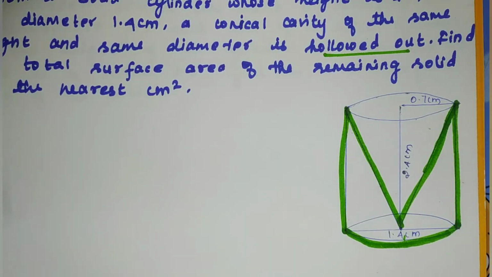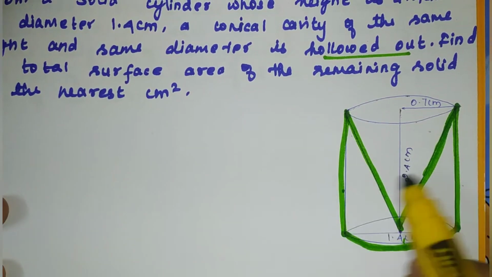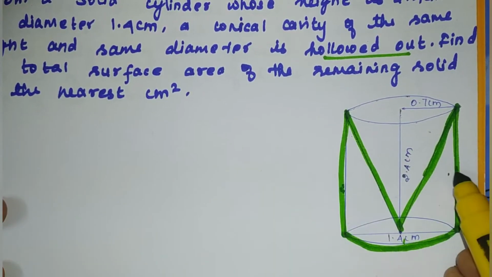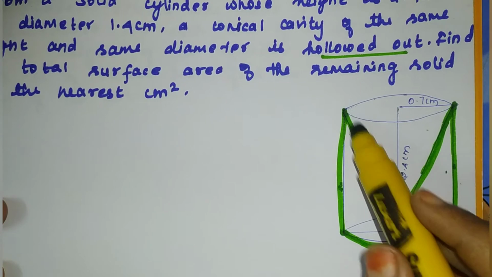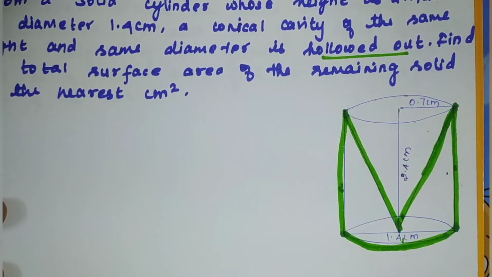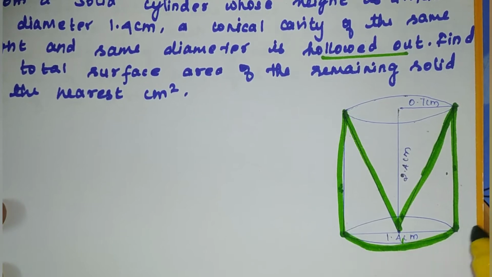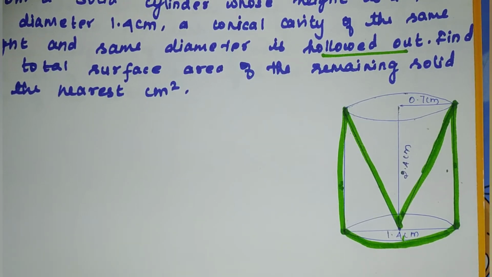So what we have to find, children? We have to find the curved surface area of a cylinder, and we have to find the curved surface area of a cone. For this, what we can do, children? For the base of the cylinder, the base of the cylinder looks like a circle.